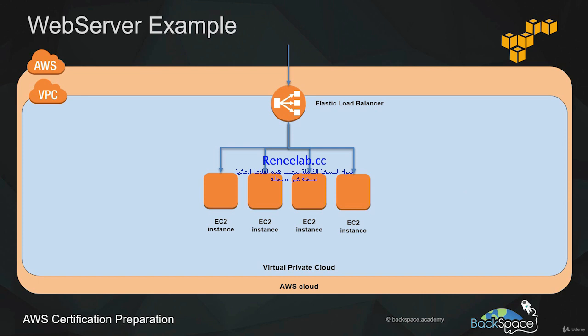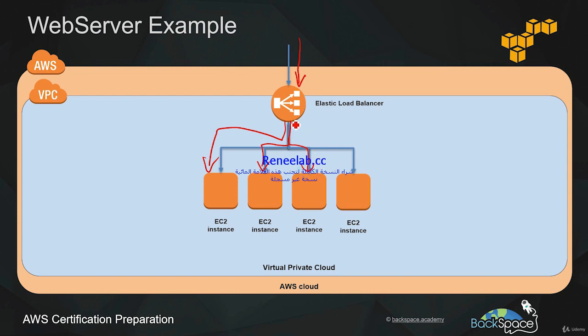It can receive traffic from our end users, and it will distribute that traffic to an EC2 instance that is available. So a request will come in, it will distribute it to an available EC2 instance. Another request will come in and it will distribute it to a different EC2 instance that is available, and it will balance the load across those EC2 instances.